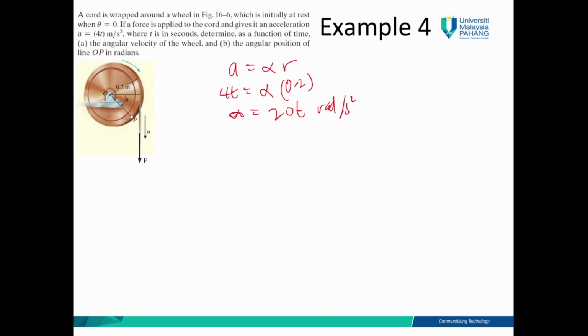So knowing this, you need to find the angular velocity of the wheel. How do you get that from the angular acceleration? By remembering that angular acceleration is equal to the rate of change of your angular velocity divided by time, d omega over dt, which is 20t.